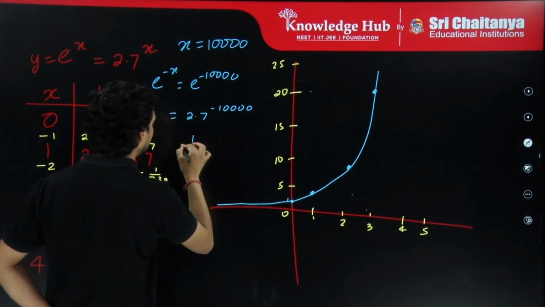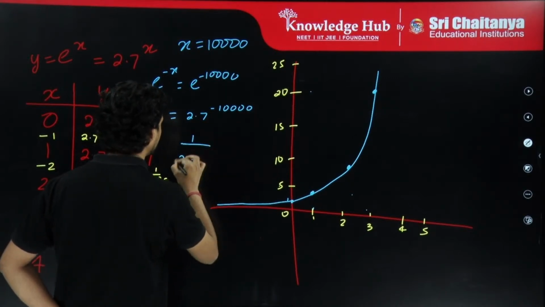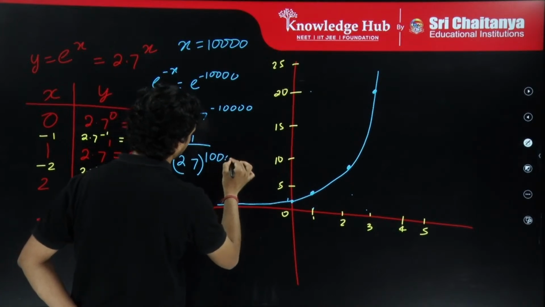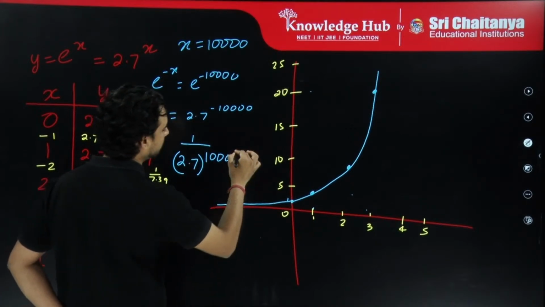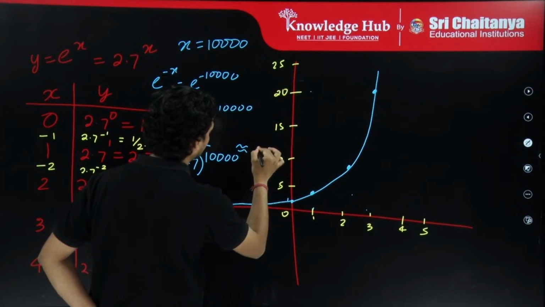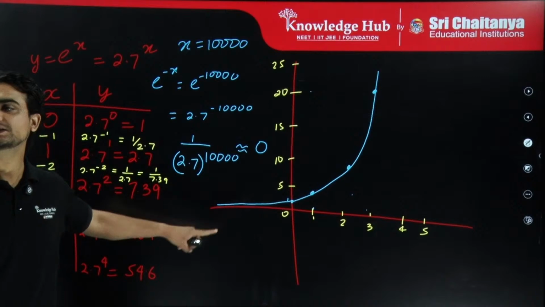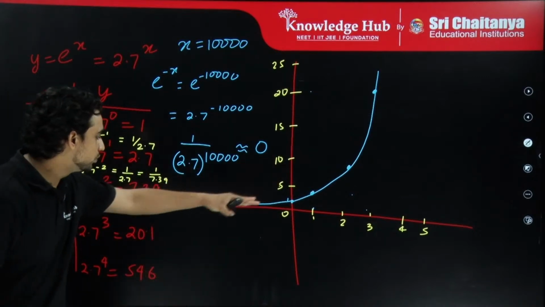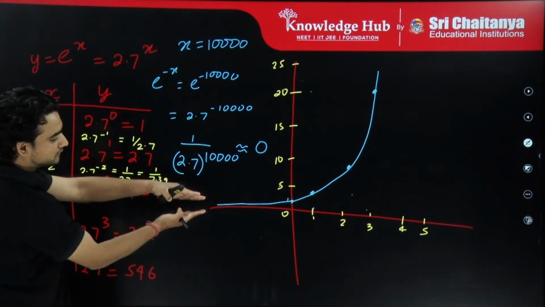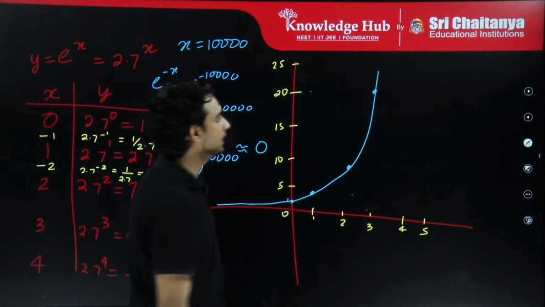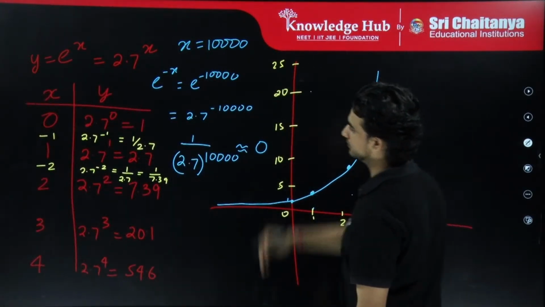So I'll get 1 upon 2.7 raised to 10,000, and this number will be nearly equal to 0. So it is not 0, right? It will never be 0. So it is going like this. It will never touch the x-axis, okay? And here it will go to infinity, right?